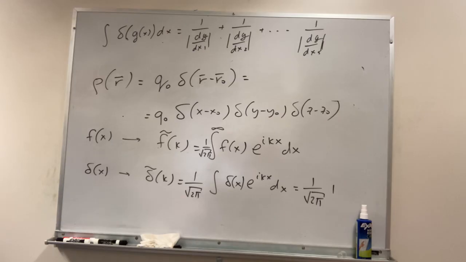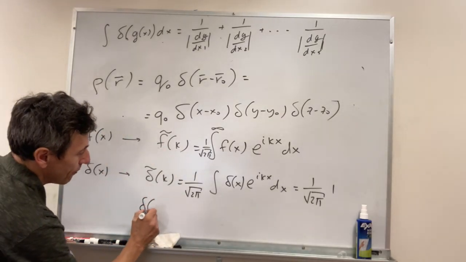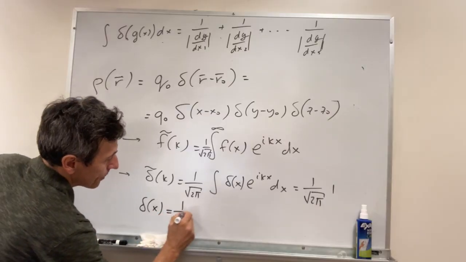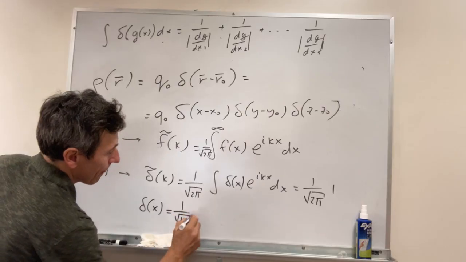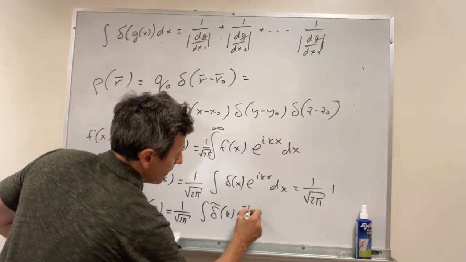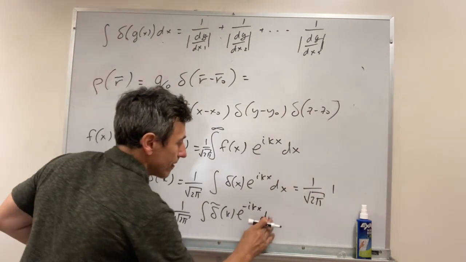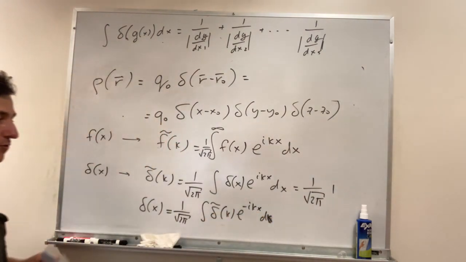Then, using the inverse Fourier transform, the delta function of x should be 1 divided by square root of 2 pi, integral of the Fourier transform of the delta function, exponent negative i k x, dk.